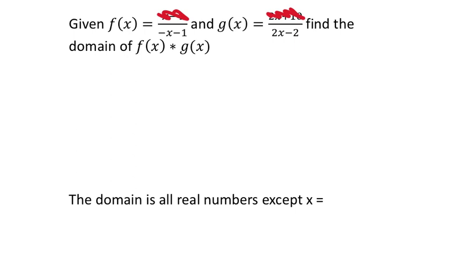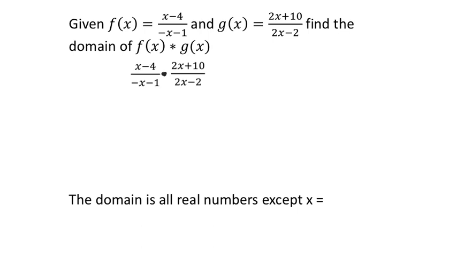Now, if you think about those two functions, let me step back for a second. In fact, let's go back here. If I were to show f of x times g of x, all I would do is take f of x, which is this, and g of x, which is this, and multiply these two together.